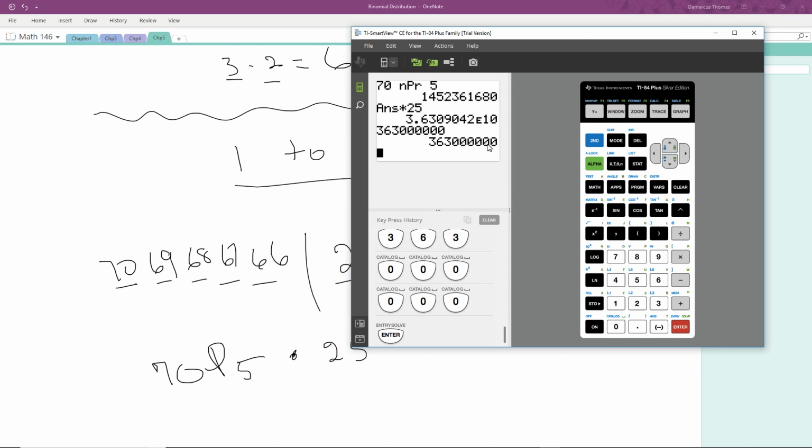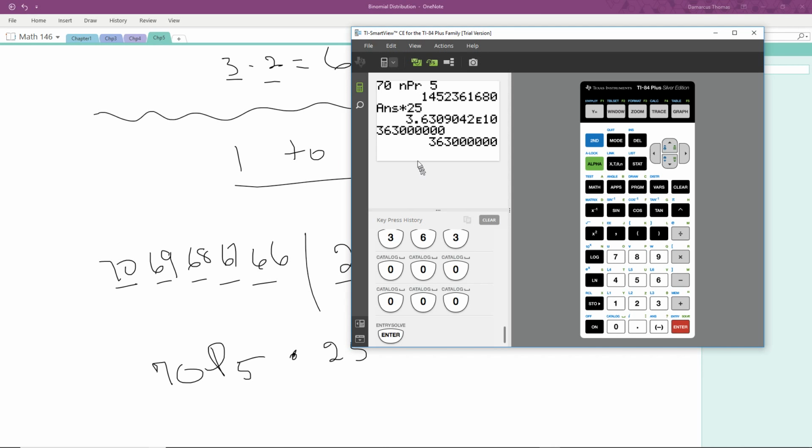Let's see. 1, 2, 3, 4, 5, 6, 7, 8, 9. Actually, not even. Even more than that. So we're actually going from, let me see if I can get this right.